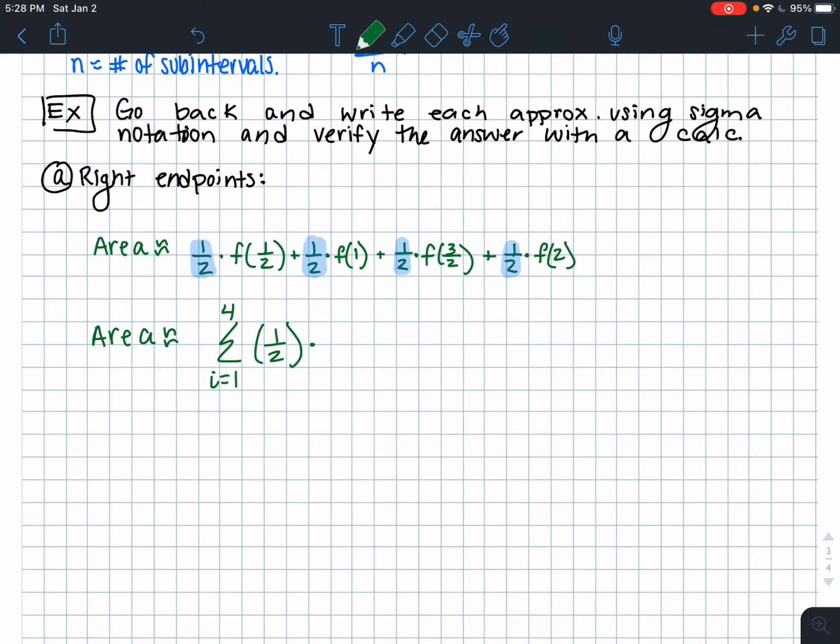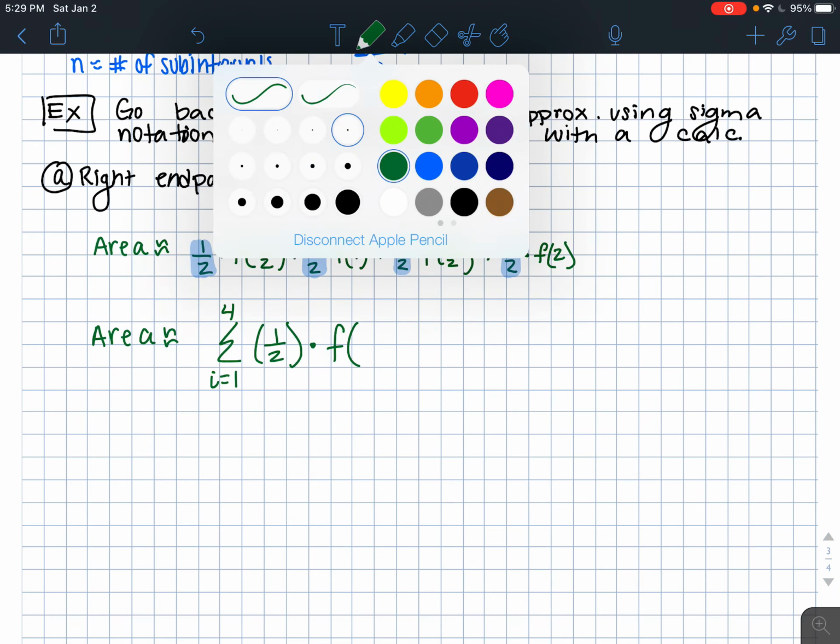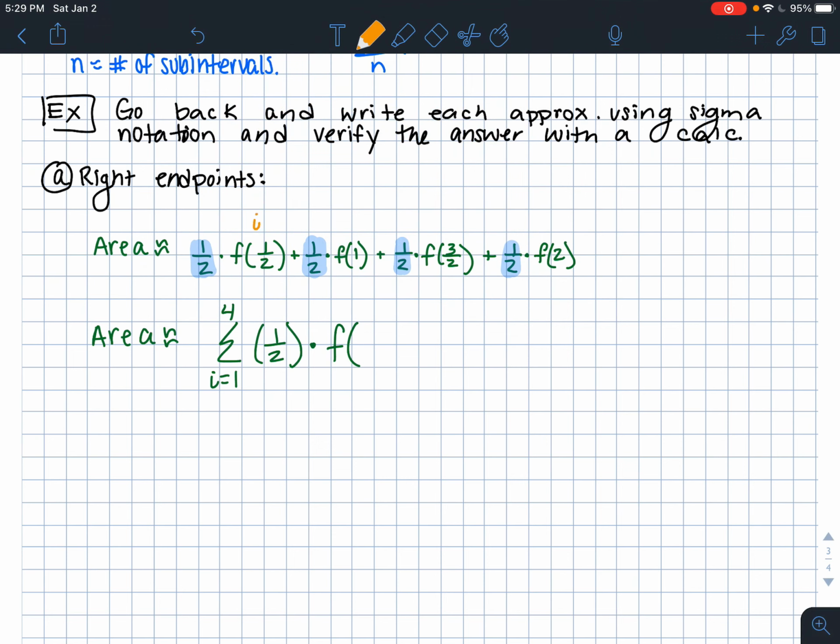Then we're always going to do our delta x, which in this case is 1/2, times our function. Now we want to figure out what to plug in. This is i equaling 1, i equaling 2, i equaling 3, and i equaling 4. Some of you might see the pattern, but otherwise you might want to draw a little t-chart.